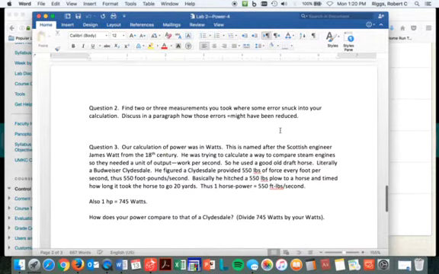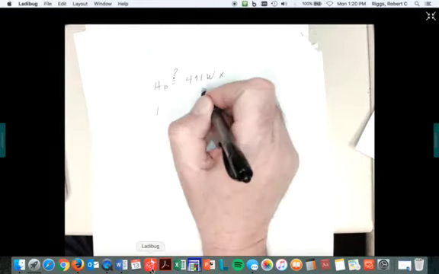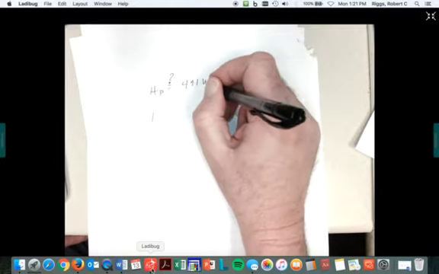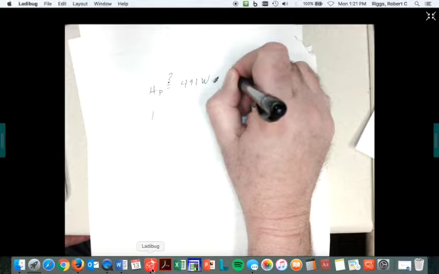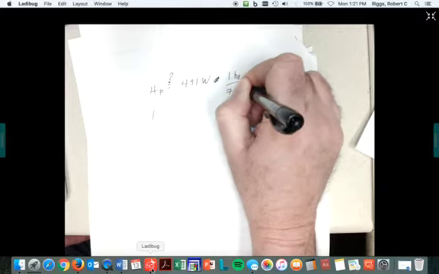Now we go to horsepower. 1 horsepower is 745 watts. So I divide by 745 watts, in other words, 1 horsepower. So the horsepower would be 491 watts times 1 horsepower per 745 watts.